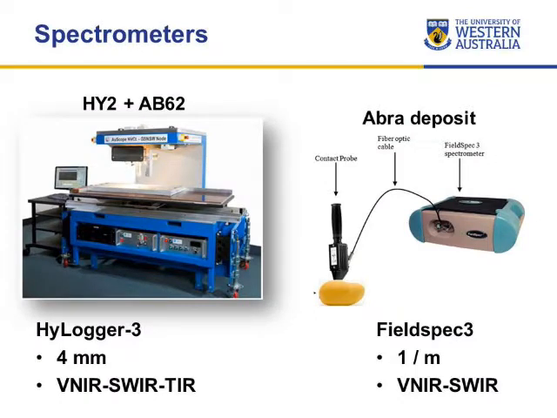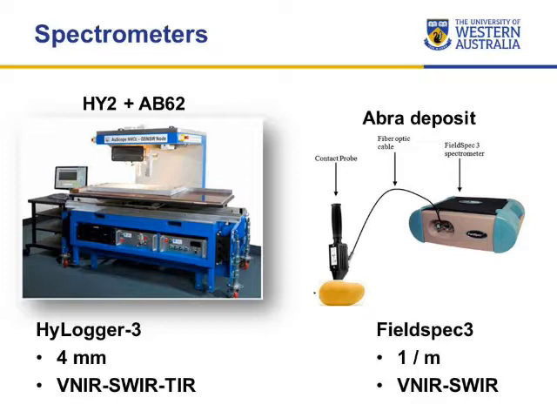In case someone hasn't seen these already, this is the HyLogger 3 instrument, and the HY2 and AB62 drill core data is captured with this device. It measures spectra every 4 millimeters and creates a continuous scan along the drill core.